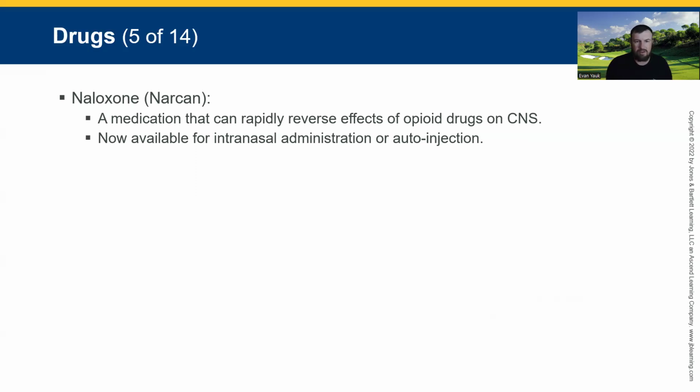What Narcan does is it goes up to that keyhole and locks that door so that opioids cannot go through anymore. It blocks it so that our central nervous system isn't overwhelmed and our respiratory drive is not being shut down. So Narcan essentially is a bouncer. It stands outside those receptor doors and stops opioids from getting in.